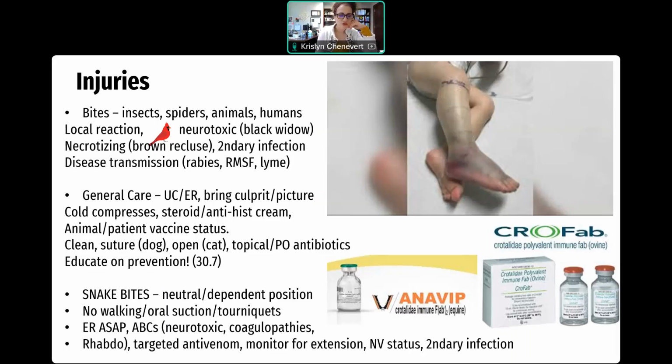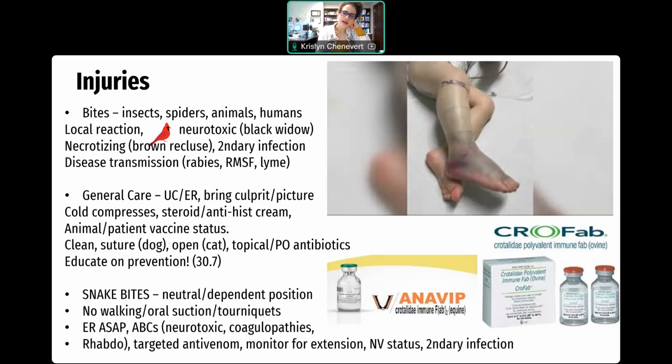It can also cause rhabdomyolysis, which if you haven't learned about before, you will in fourth level. And basically that just causes massive muscle tissue and cell breakdown, and it can cause very fatal electrolyte imbalances and also kidney failure.